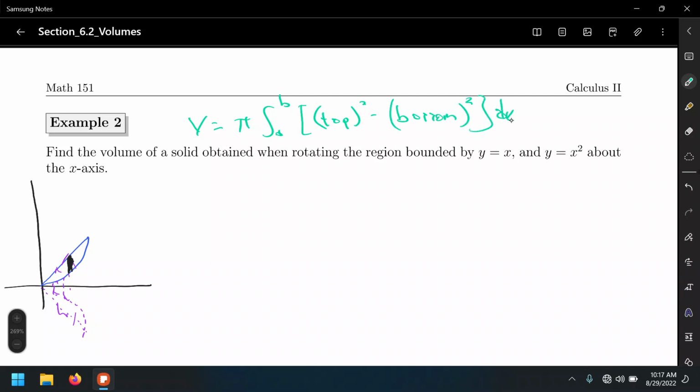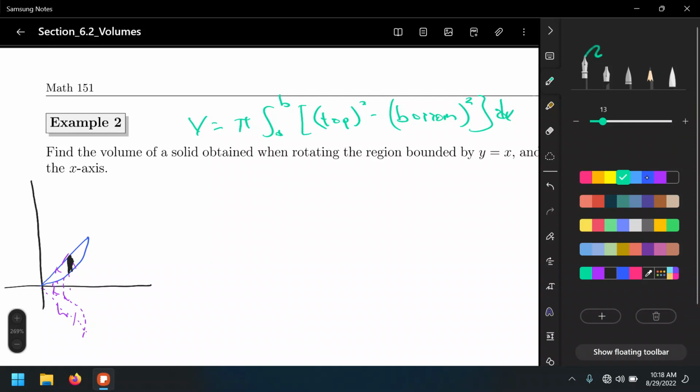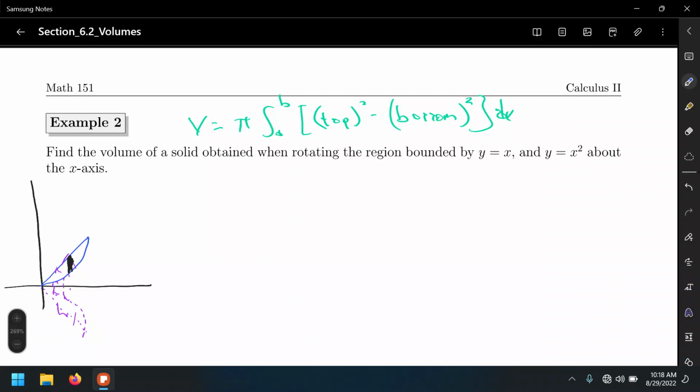Typically f of x squared minus g of x squared. It's the same as we did with areas; we're going to do it with volumes as well.